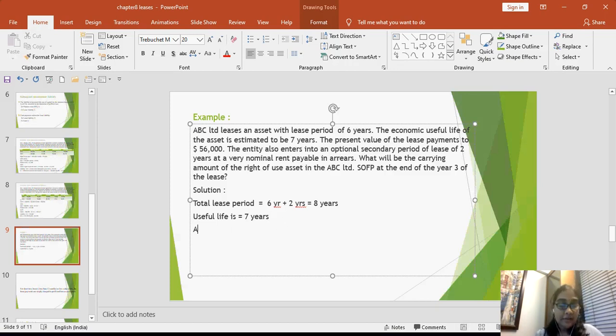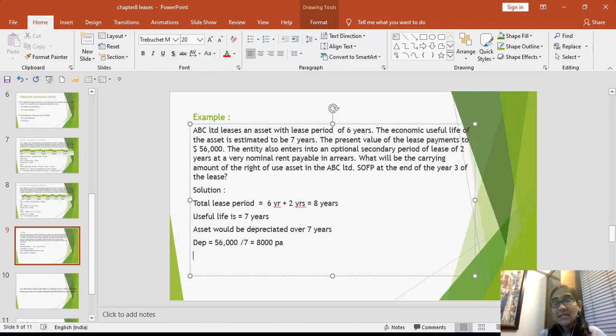So the asset would be depreciated over 7 years, as 7 years is shorter than the lease period, right? So depreciation will be equal to 56,000 divided by 7, which will get you 8,000 per annum.